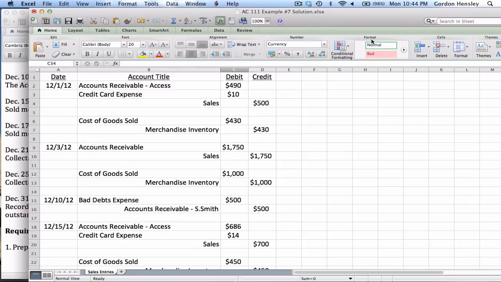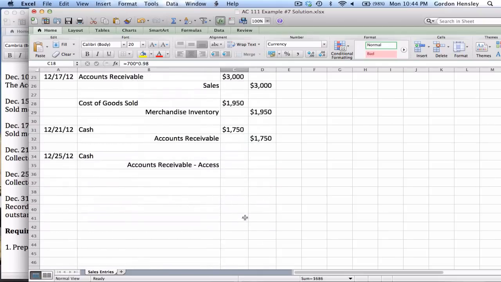So if we go back and look at it, way up here on the 1st, they owed us $490 from that sale. And then down here on the 15th, they owe us $686 from that sale. So it's going to be $490 and $686. It's going to be $1,176. That's how much we will collect from that credit card company.